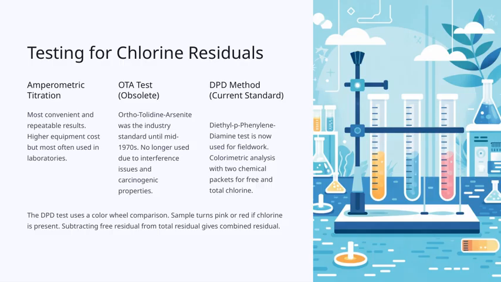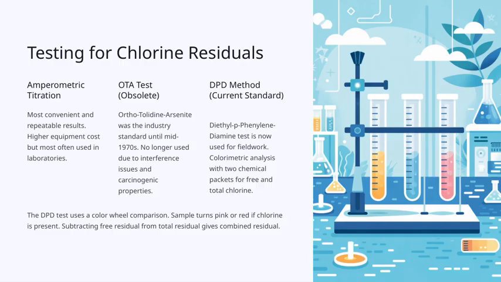Currently, the standard method we rely on is the DPD test, or diethyl-p-phenylenediamine test. It's well suited for fieldwork since it's straightforward and quick. The process involves colorimetric analysis, where we use two chemical packets, one for free chlorine and one for total chlorine. The test works by comparing the sample's color to a color wheel.